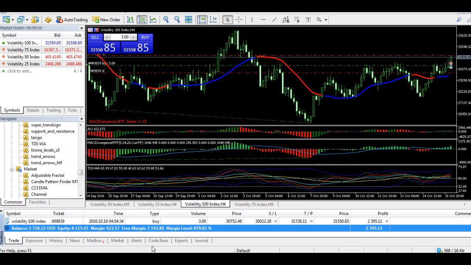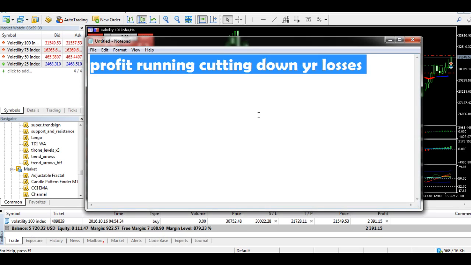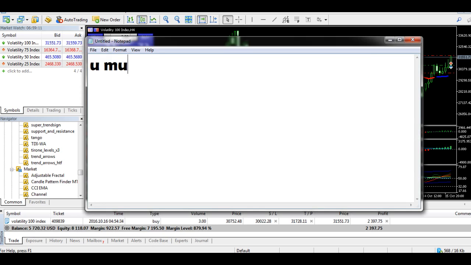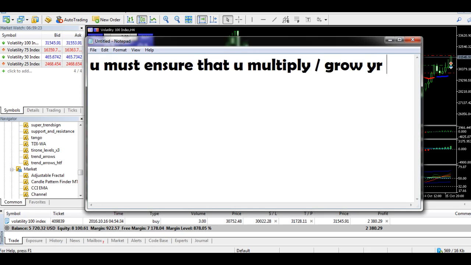And my rule in one of the books that I read as well, one more time, says you must ensure that you multiply or you grow your demo accounts at least 300% before going live.